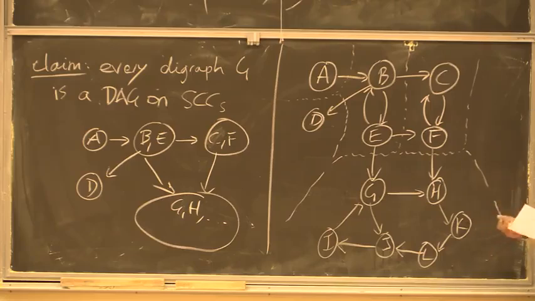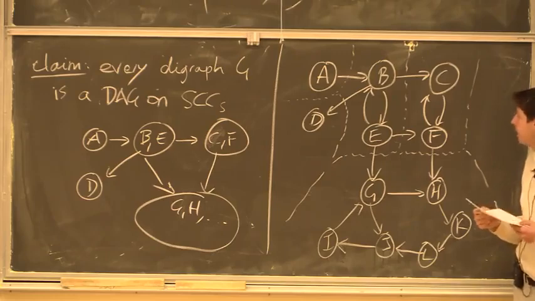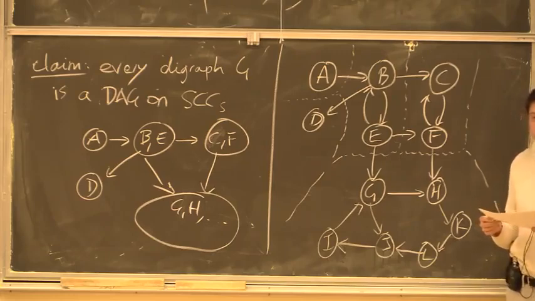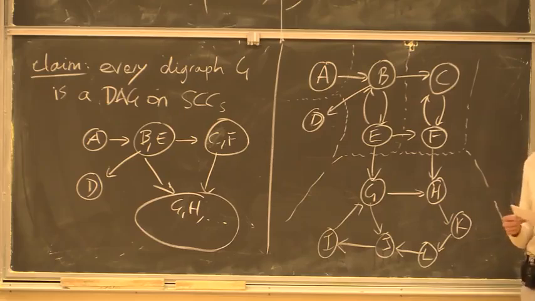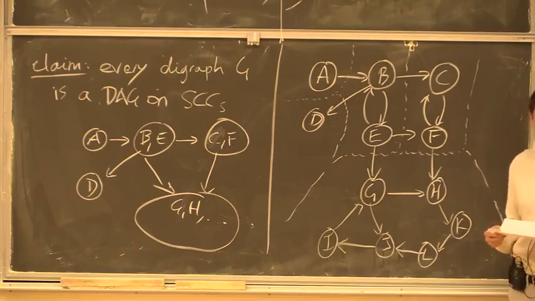However, how are we going to constantly find a sink SCC? That's not clear. However, what is clear is how to find a source SCC. So we're going to first talk about that. The idea is that if we find a source SCC, it's enough for us. Why?